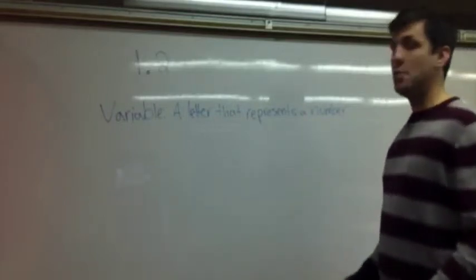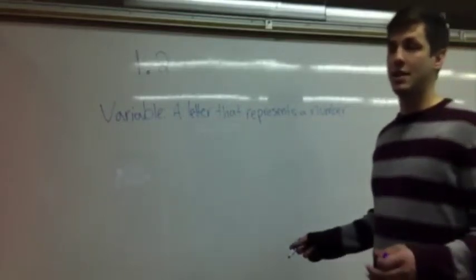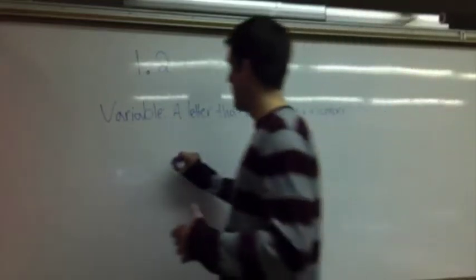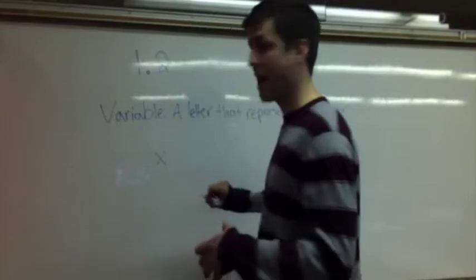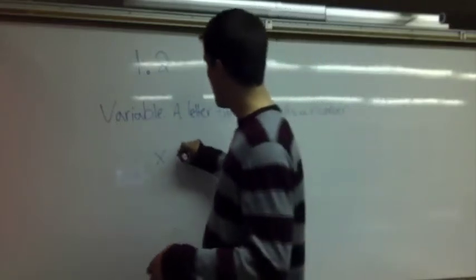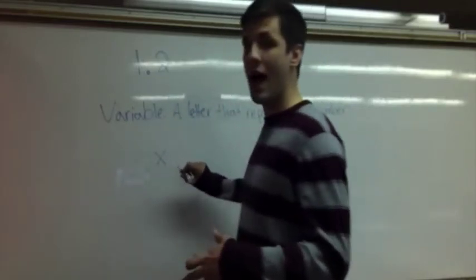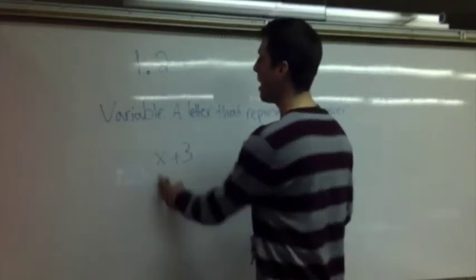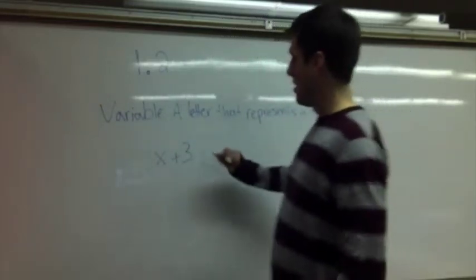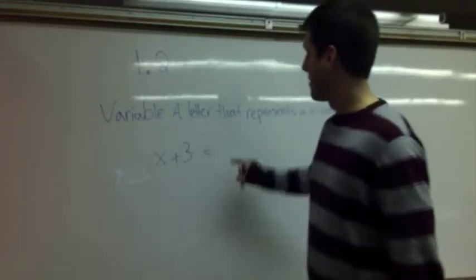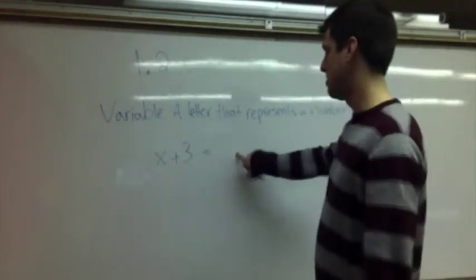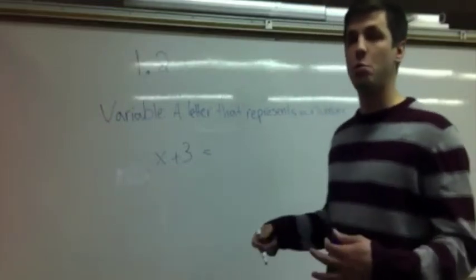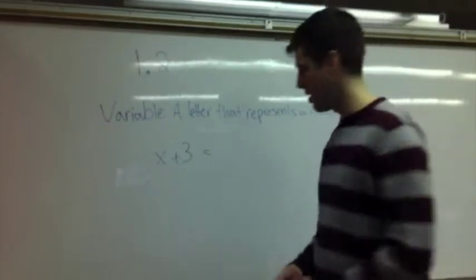That letter can be a letter where we can change the number. So it's like if you have X as your letter, and then you say, I want to figure out what happens when we have a letter X, and then we add 3. You can plug in a number for X, and then what you get is that number plus 3 gives you an answer. And so that's an example of a variable where we can change the number.